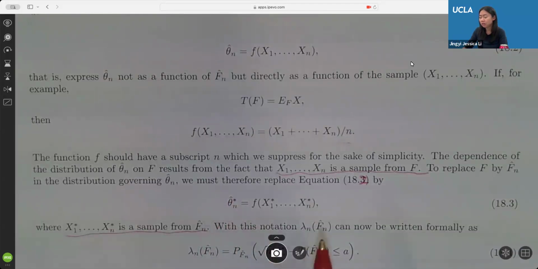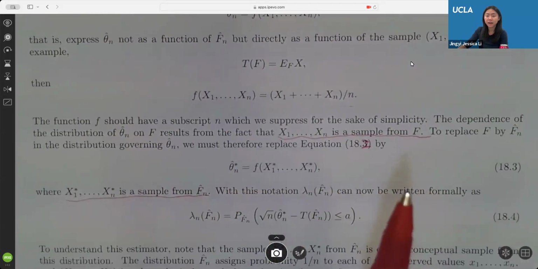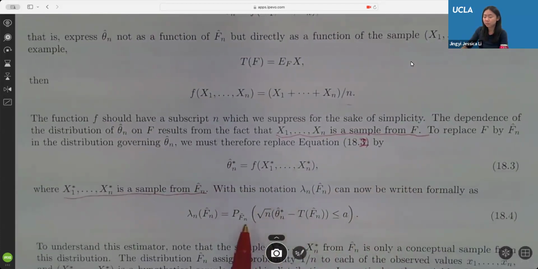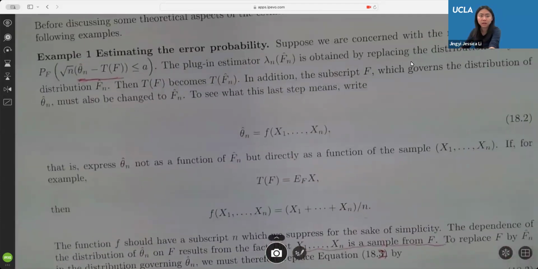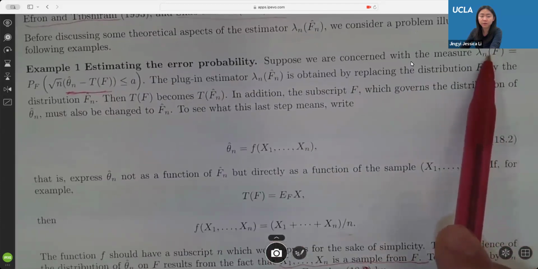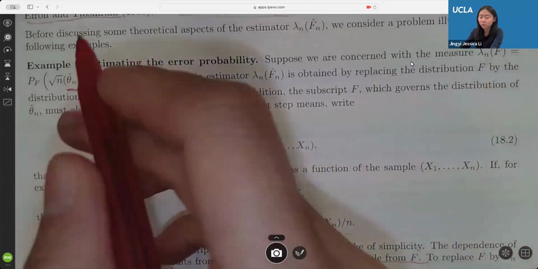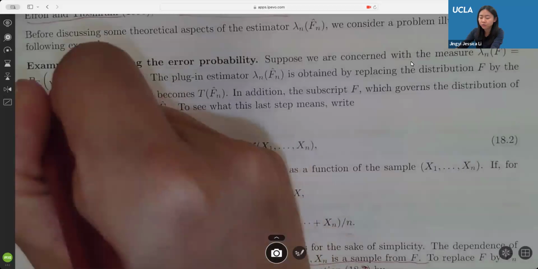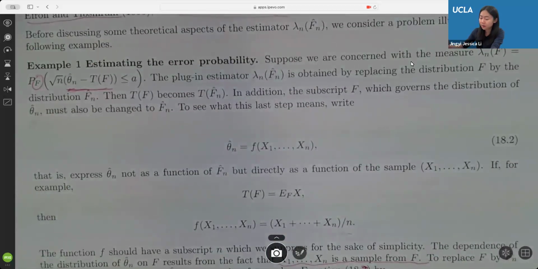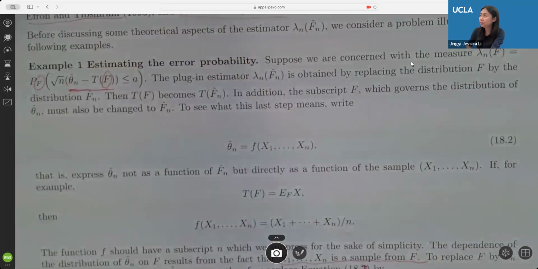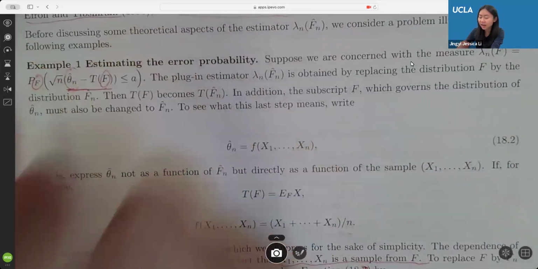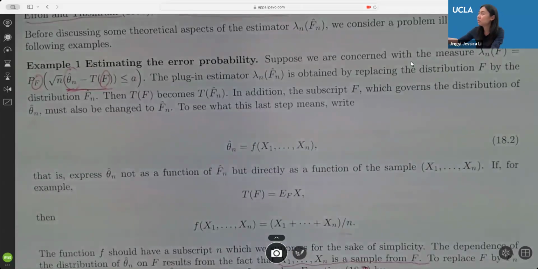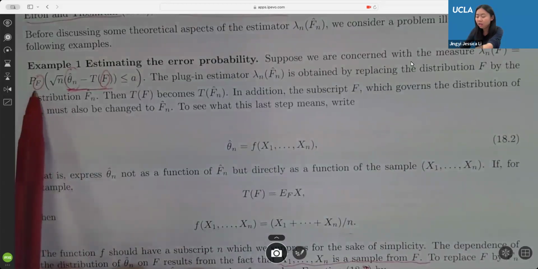So therefore, lambda_n(F_n hat) can be expressed as this. Scroll up. Here is the lambda_n(F) we want to estimate, and where is F involved inside it? Here, the probability depends on F. T(F) depends on F. And theta_n hat depends on a sample from F. All these things depend on F, and all of them will be replaced by F_n hat.